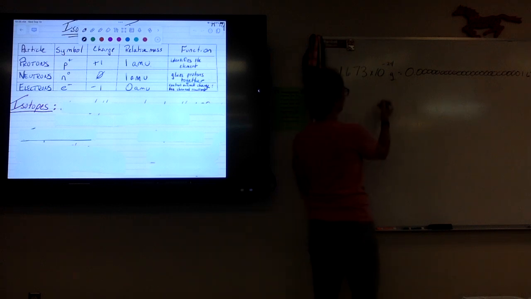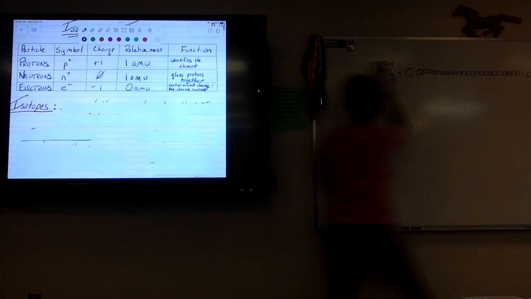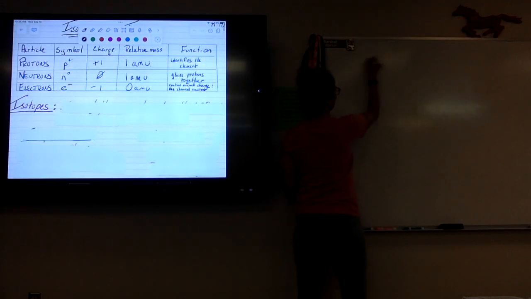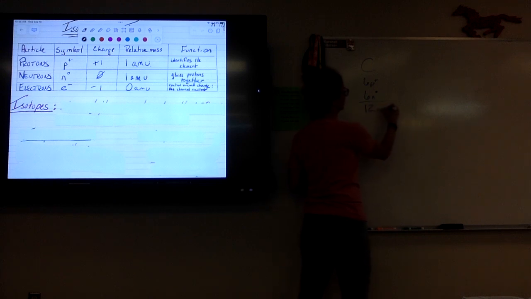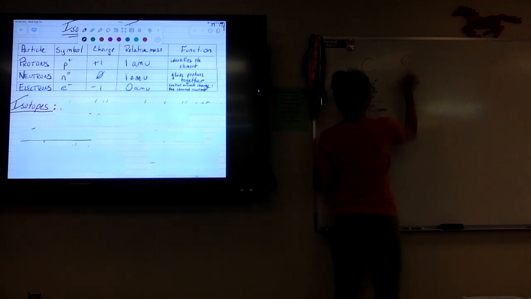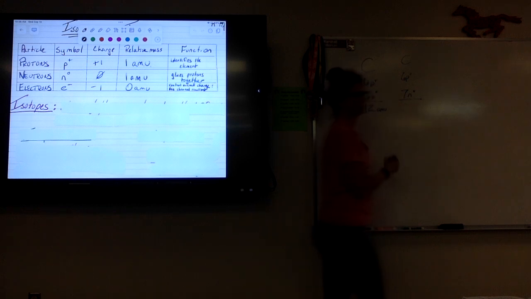So let's talk about carbon. How many protons does carbon have? What's the definition of carbon? Good. So 6 positive protons, and let's say it has 6 neutral neutrons. I have a total mass of this carbon of 12 AMU. What if it has 7 neutral neutrons? 13 AMU.